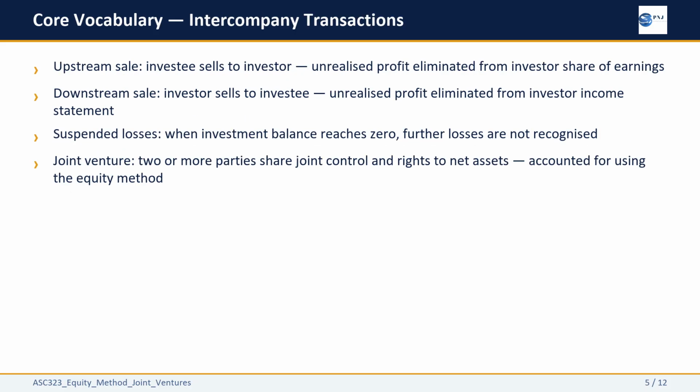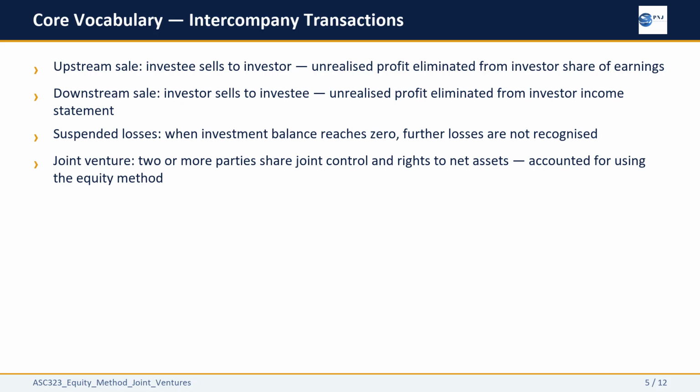Two more terms you will encounter constantly. Upstream and downstream sales describe the direction of intercompany transactions. If the investee sells goods to you, that is an upstream sale. Any profit on those goods that has not been realized through a sale to a third party must be eliminated from your share of investee earnings.